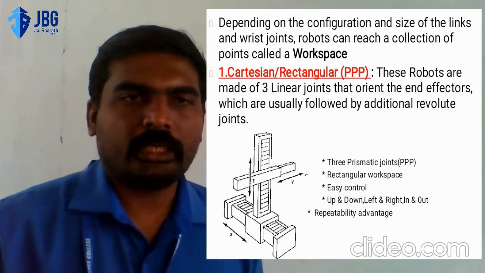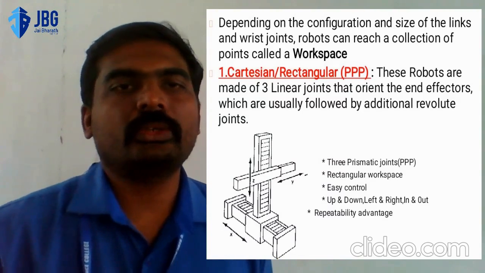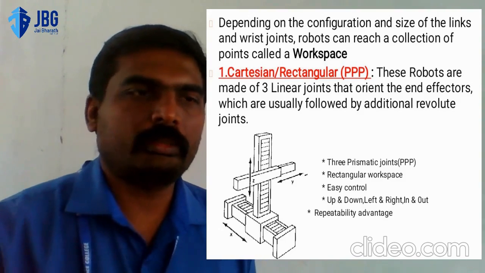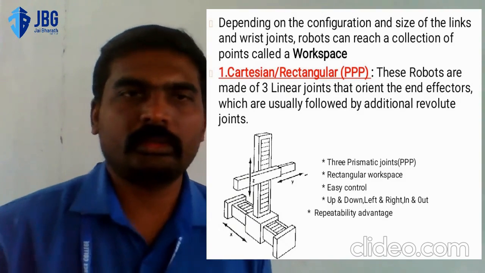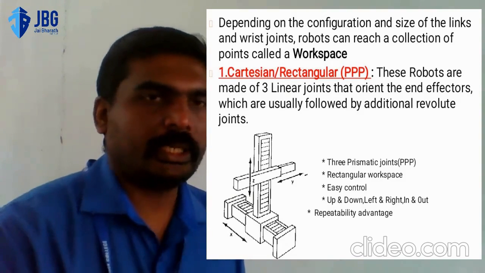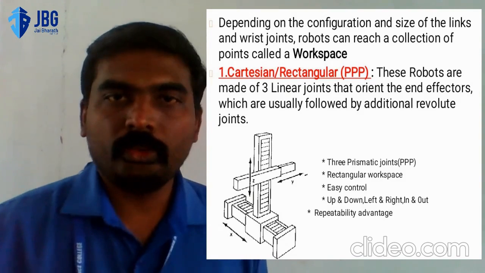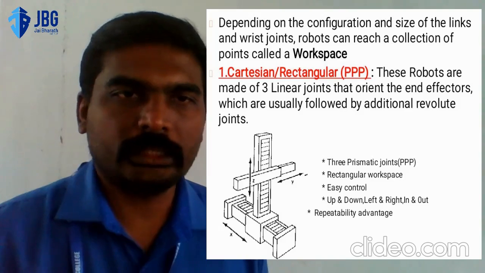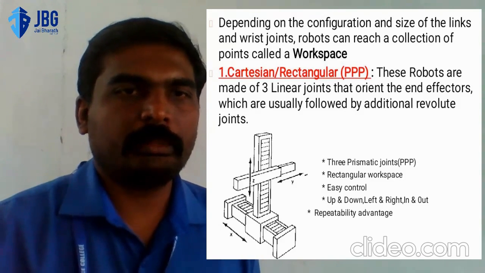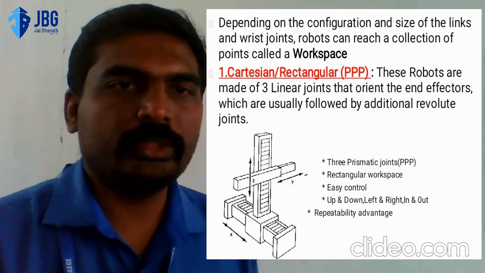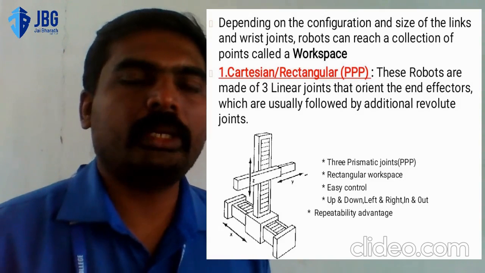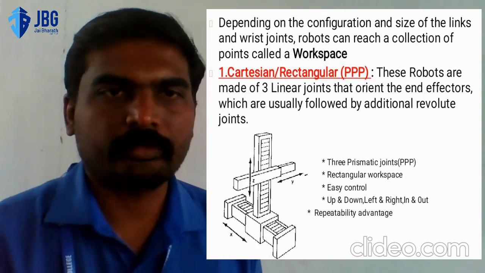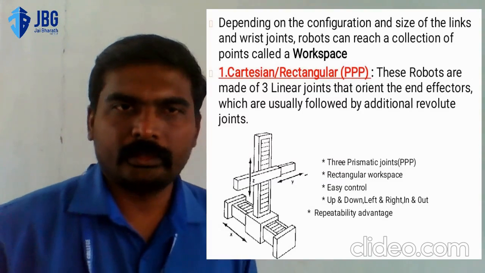While employing this robot arm for pick and place purposes, or pointing to some particular area repeatedly, we can utilize this type of robot easily, because the repeatability of this robot is very high compared to the other types.